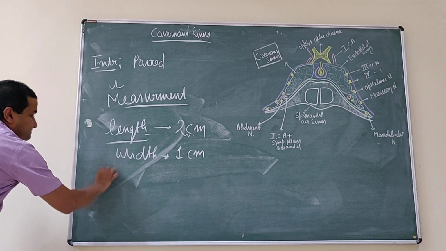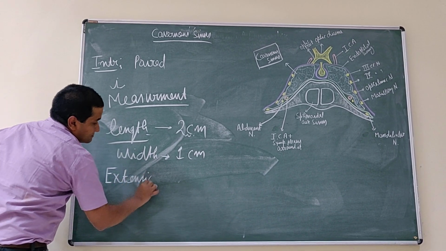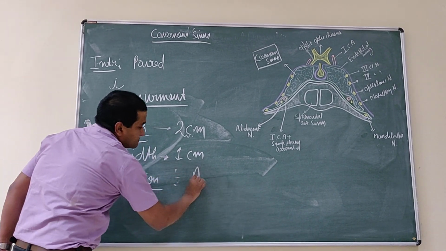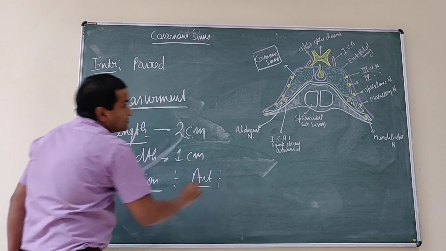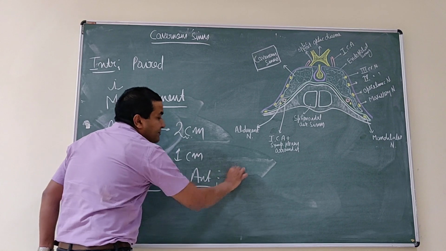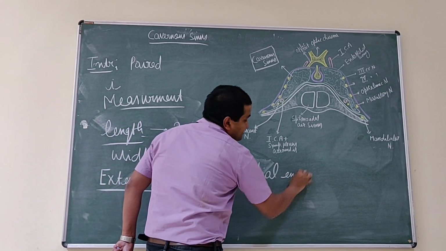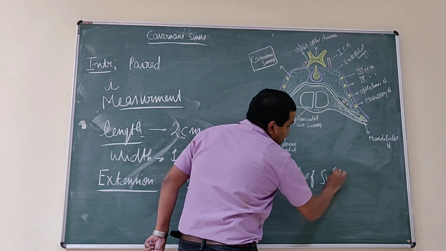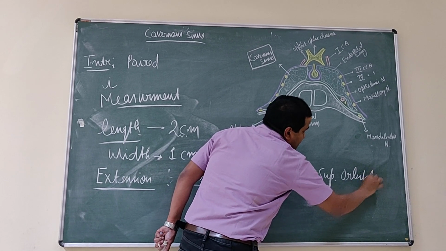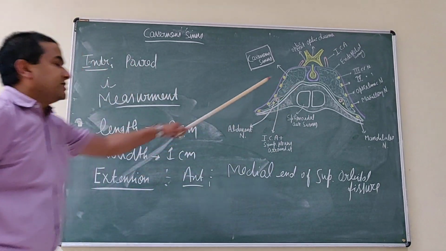Now the extension. Extension anteriorly: this cavernous sinus extends up to the medial end of the superior orbital fissure, which means it is closely related with the orbit.